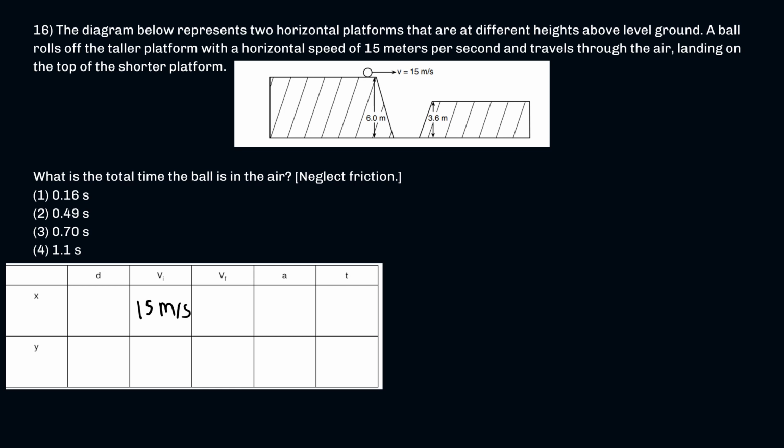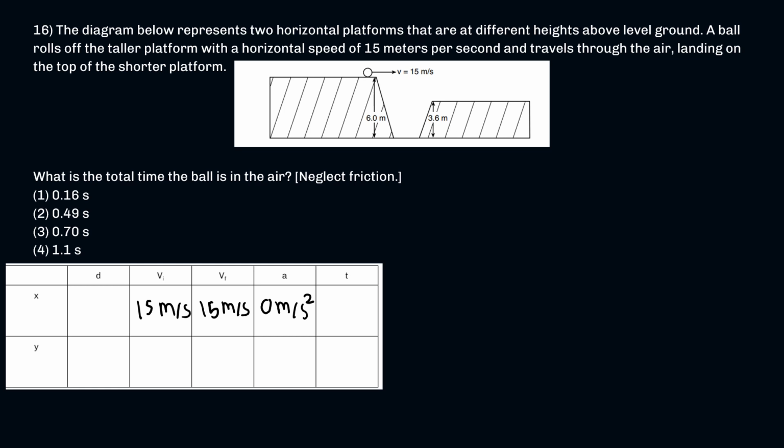I know that in the horizontal direction, my acceleration is 0 meters per second squared. I have no change in my velocity. So that also then means that my final velocity is also 15 meters per second. That's all I have so far in the x direction. I do not have the horizontal distance it travels.